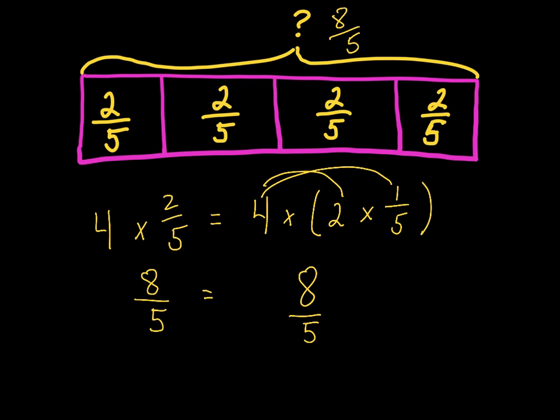It's an improper fraction greater than 1, but we can actually do the work in here and say 2/5 times the 4, and that would give us 8/5. Again, associative property, mixing around your numbers doesn't change your answer. You're still going to get the same product.